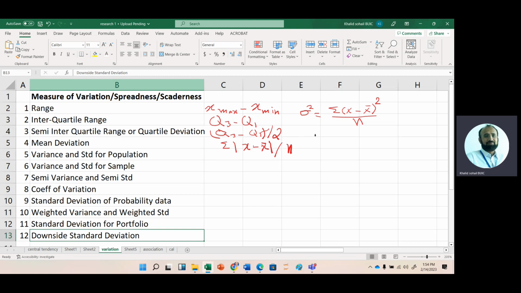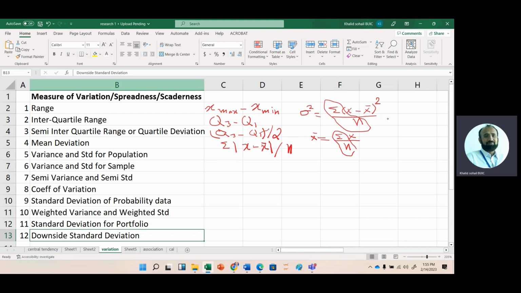Now we know the formula for simple mean: x bar equals summation x divided by n. If we observe here, we have summation and n symbol, and here also summation and n symbol. So we can define that variance is basically the average of squared deviations, because these are squared deviations and we are taking the average. So variance is also an average.